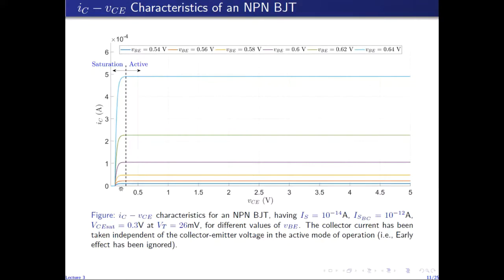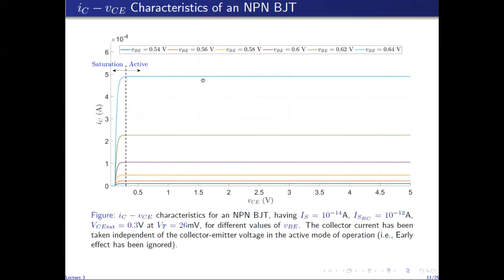This dotted line for each curve shows the edge of saturation or the edge of active mode. So this dotted line is actually a vertical line plotted at VCE equal to 0.3 volts or so. When VCE drops below 0.3 volts, the transistor enters the saturation mode. For VCE greater than 0.3 volts, the transistor is assumed to be operating in active mode.